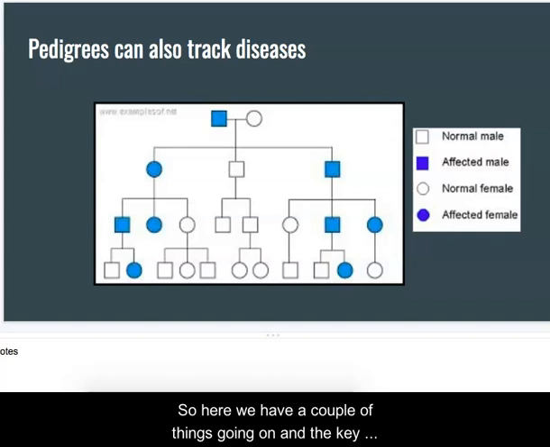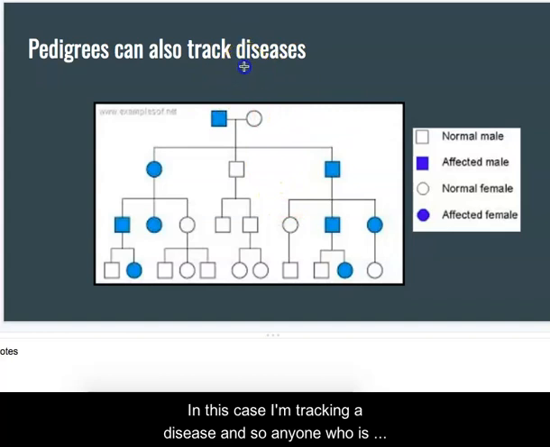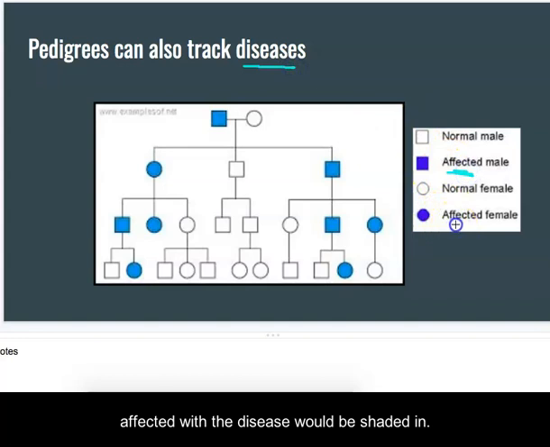Here we have a couple of things going on. The key point of this slide is to understand that in addition to setting up a family tree to know how many generations and siblings and children people have, we can use it to track diseases or traits. In this case, I'm tracking a disease, and anyone who is affected would be shaded in.